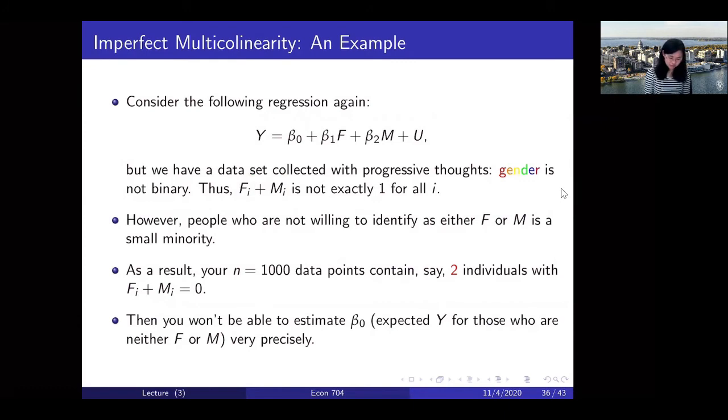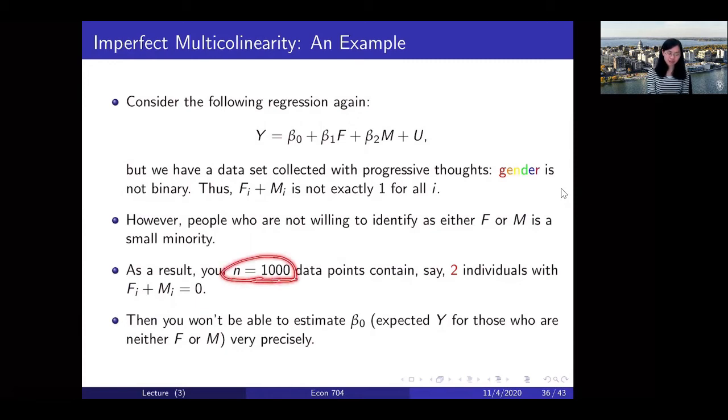As a result, however, people who are not willing to identify as either F or M is a small minority. So there are non-binary individuals out there, but there are very few of them. As a result, say you have a data set that contains 1,000 individuals.